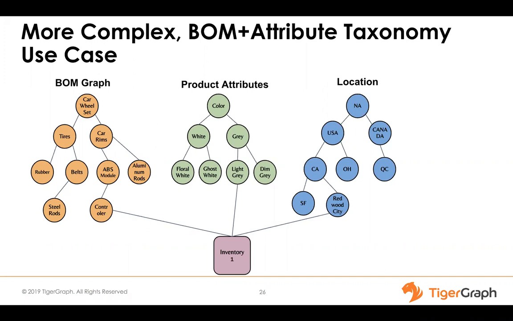For example, it can be the company's organization chart, different departments, right? And here it's a hierarchical structure of locations. Like USA is a child node of North America, and California is a child node of USA, and Rose City is a child node of California, something like this, right?